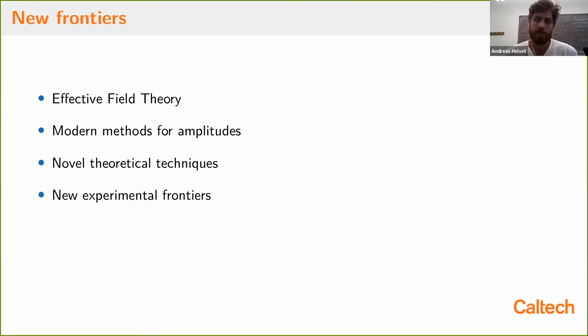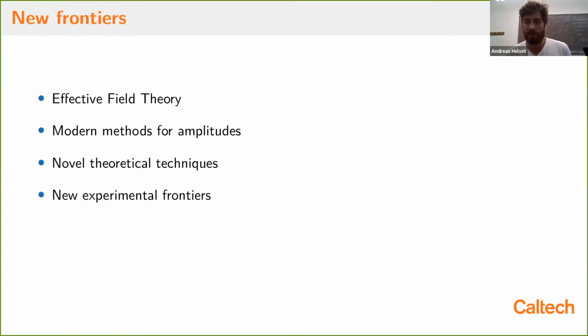These two fields are distinct, but there's substantial overlap as well. If you combine the ideas of effective field theory with these methods from amplitudes, you might be able to develop new theoretical techniques, which might help improve your calculation ability and hopefully give some insight into the problems you're tackling.